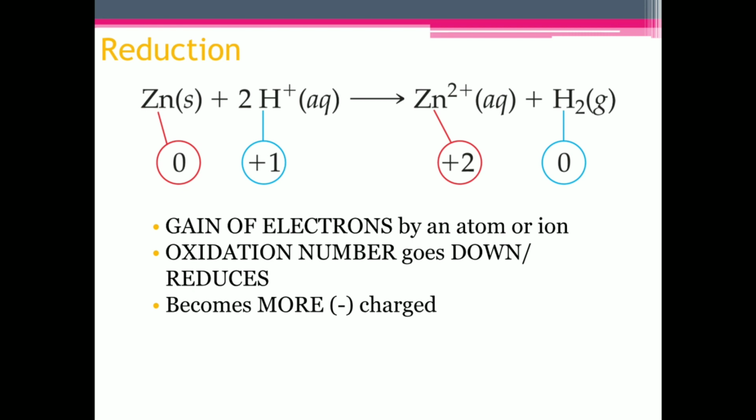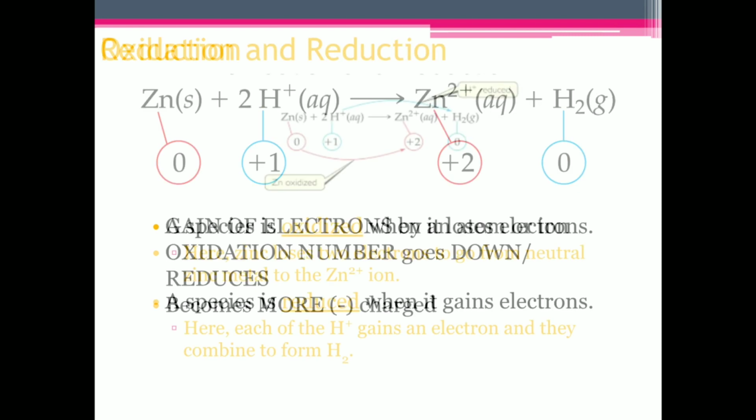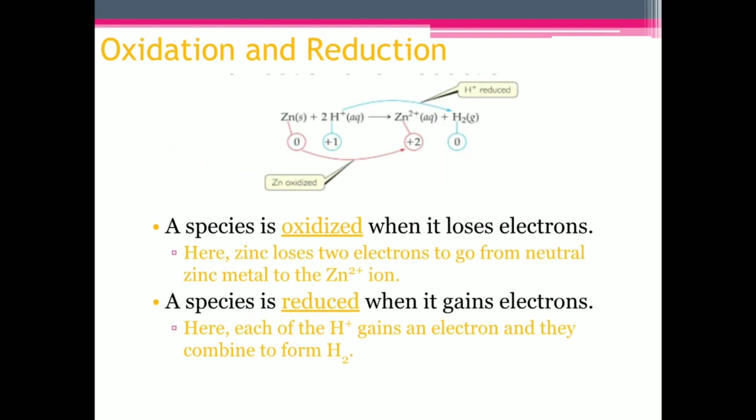Now the reverse is also true for hydrogen. Hydrogen's oxidation number is changing from +1 to 0. Its oxidation number is being reduced. So here in these species, you can see that the zinc is oxidized and the hydrogen is reduced.